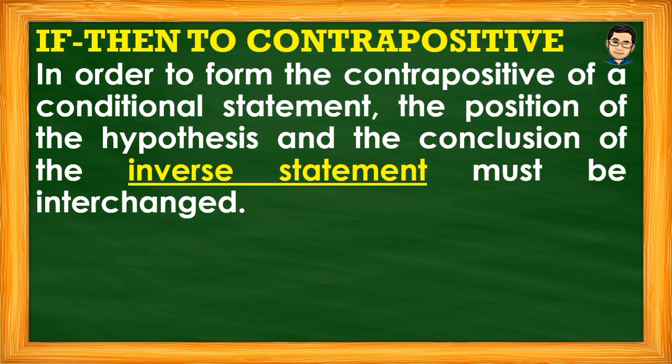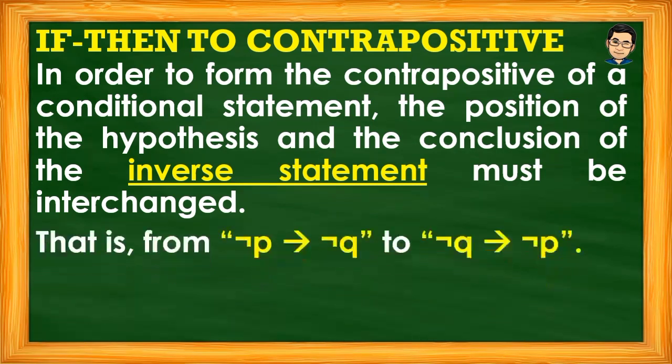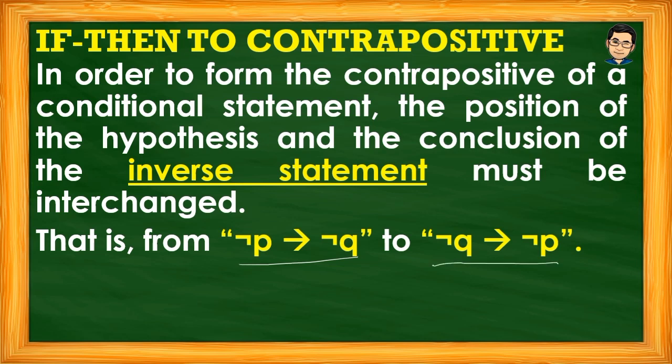So sa if clause tsaka then clause, meron po tayong makikitang negation words like no, not, cannot, do not. So ang gagawin po natin para ma-transform sa contrapositive is pagpapalitin po natin yung posisyon ng hypothesis and conclusion ng inverse statement. That is, negation P implies negation Q becomes negation Q implies negation P.